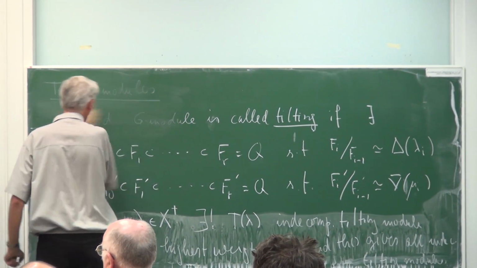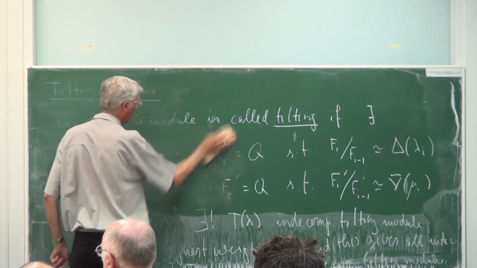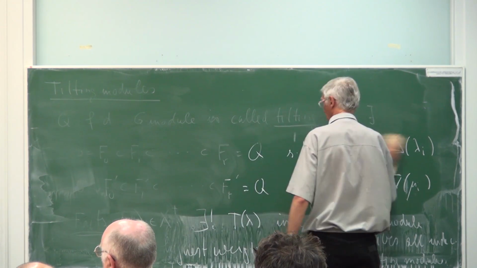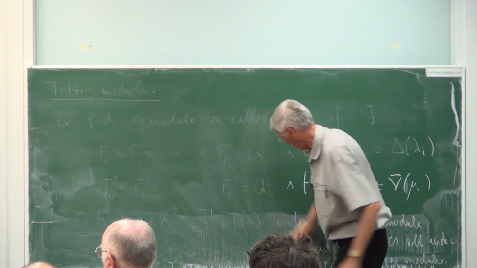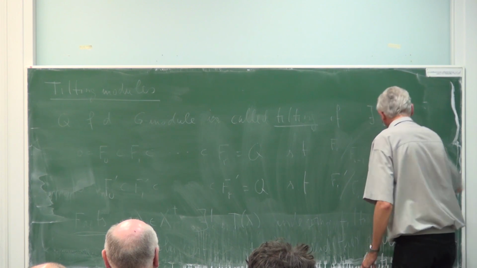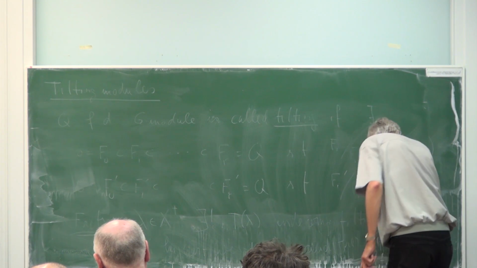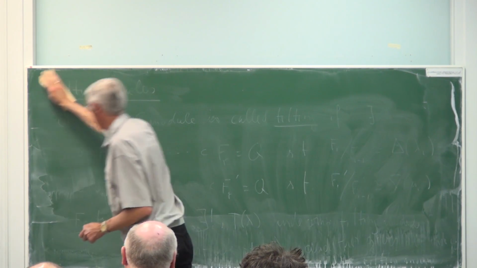So then came an important development in '79, where David Kazhdan and George Lusztig came up with some intriguing polynomials.